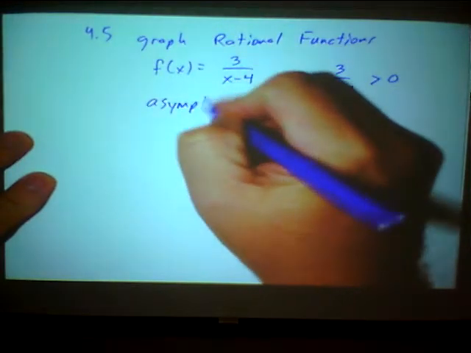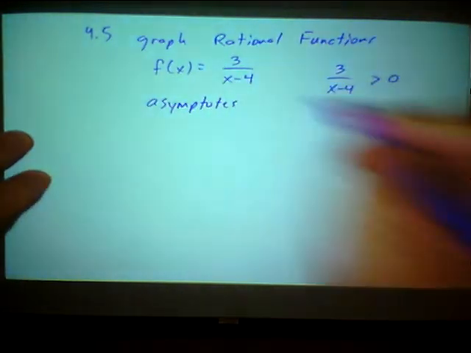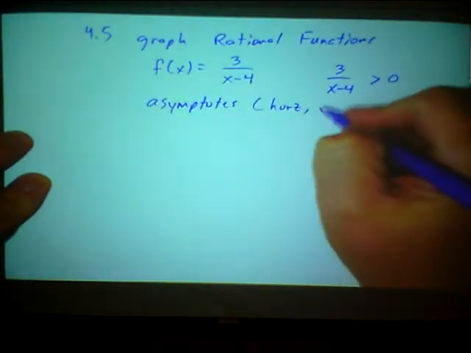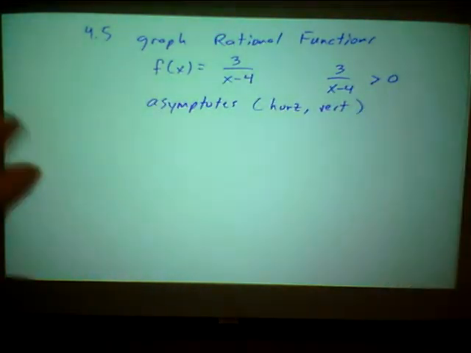We went over in class how to determine the horizontal and vertical asymptotes, so that's something we now have to put on our graphs when we chart them. So let's just start out with this first one.